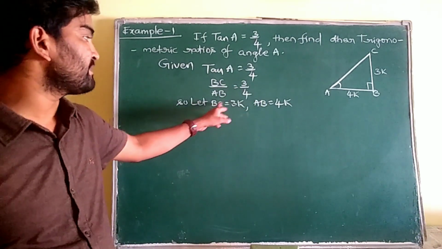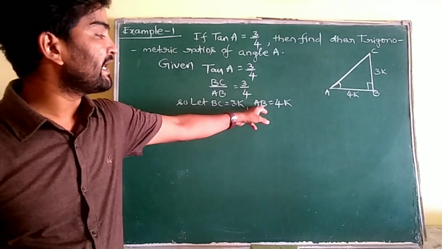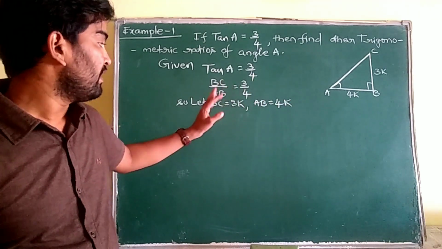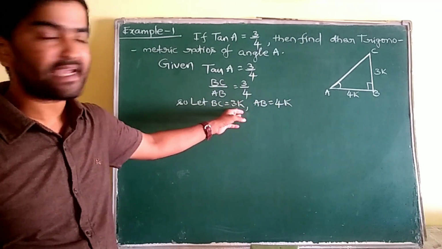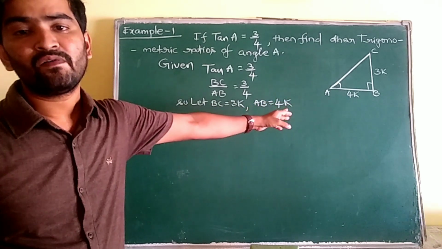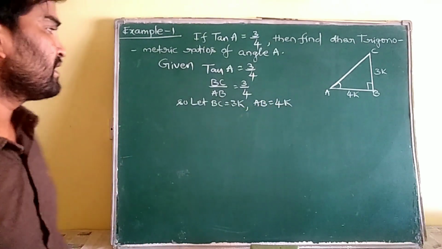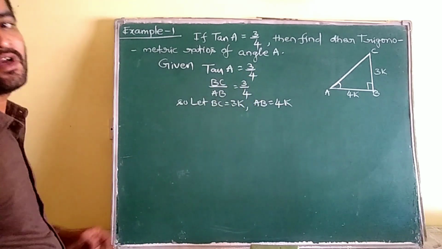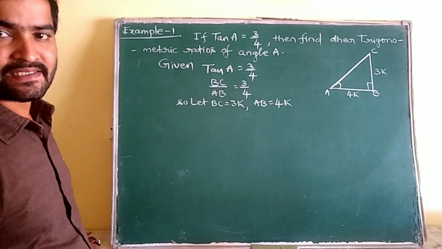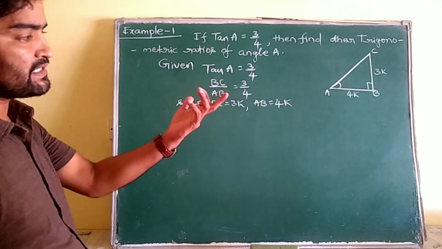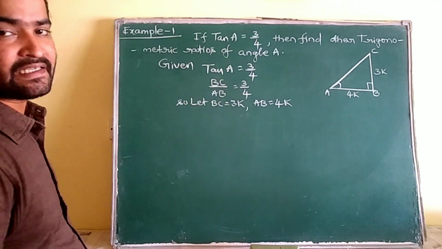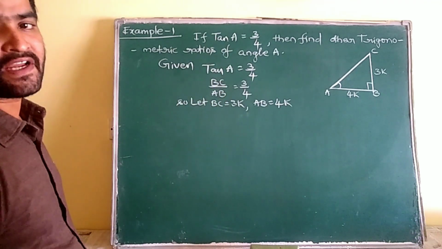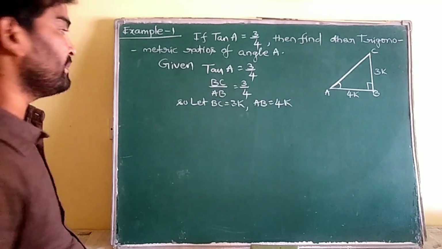Or you may assume BC as 3A and AB as 4A, or BC as 3X and AB as 4X. Now by using the Pythagoras theorem, you are going to calculate AC. Else you may write directly: AB is 4, BC is 3, so AC is always 5, because it is a Pythagorean triplet.